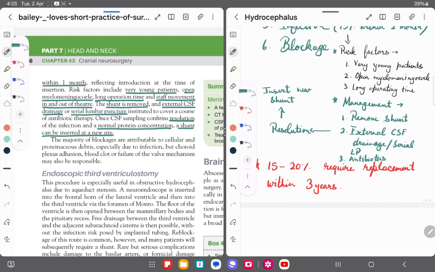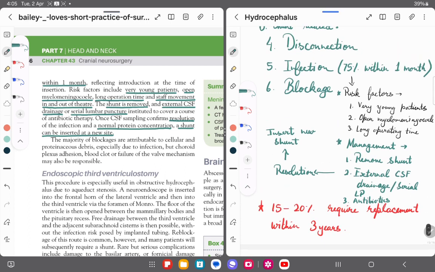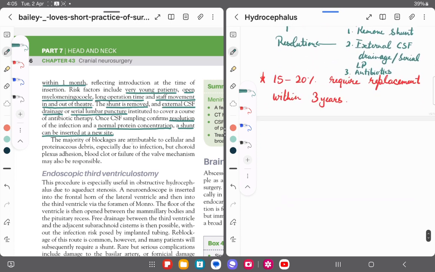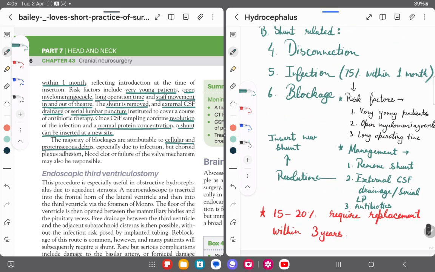The majority of blockages are attributable to cellular and proteinaceous debris, especially due to infection, but choroid plexus adhesions, blood clot, or failure of the valve mechanism may also be responsible. So about blockage, it is due to cellular and proteinaceous debris.